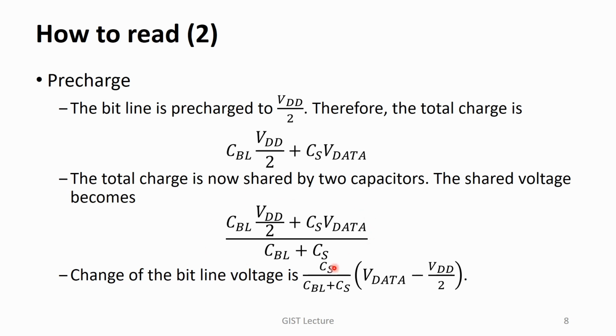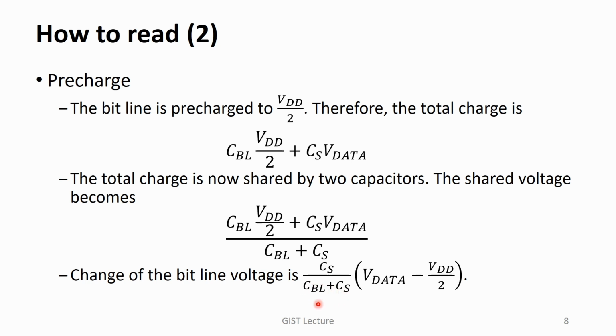The change of the bit-line voltage is simply given in this form. The difference between the data voltage and the pre-charge voltage is multiplied by this factor, C_S over C_BL plus C_S.